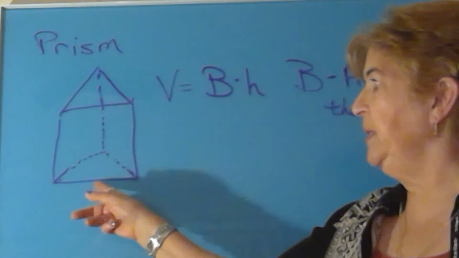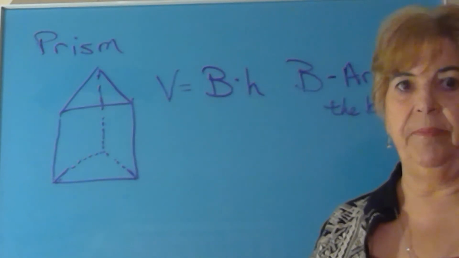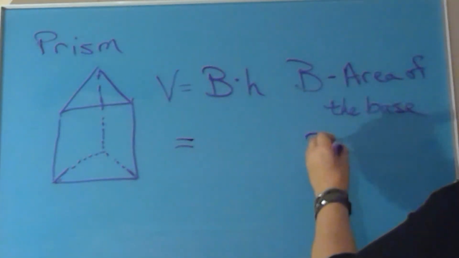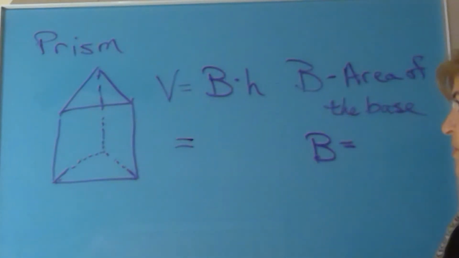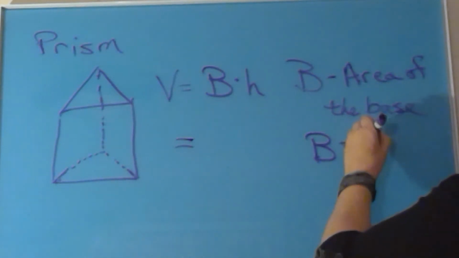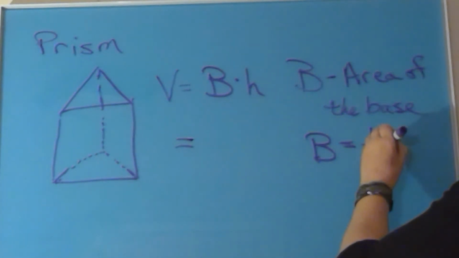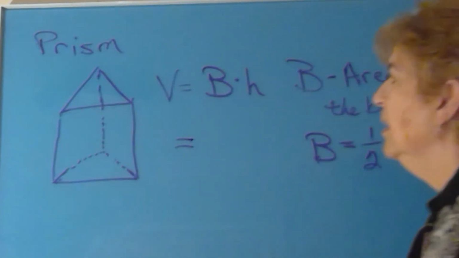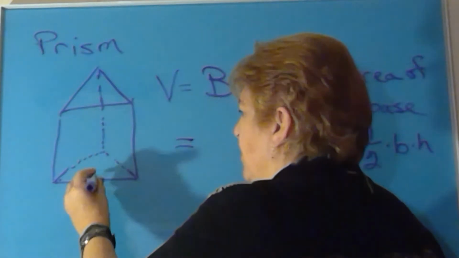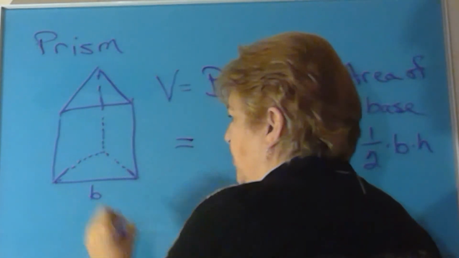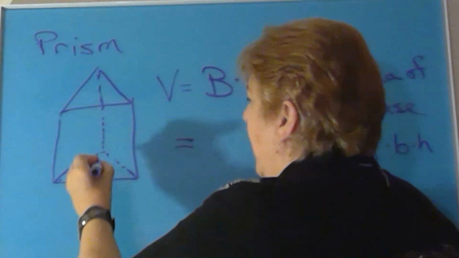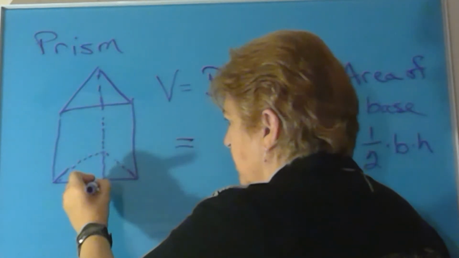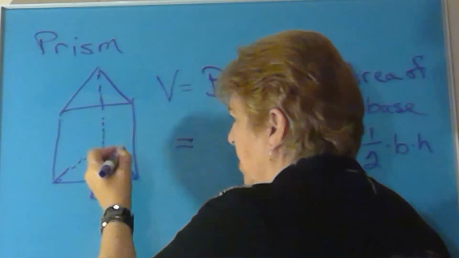In this case, because this is a triangular prism, the area of the base is 1/2 times the base times the height of the triangle. Remember, with a triangle, you find which side you're going to use for the base, and then you draw a perpendicular to the base, and that's your height.